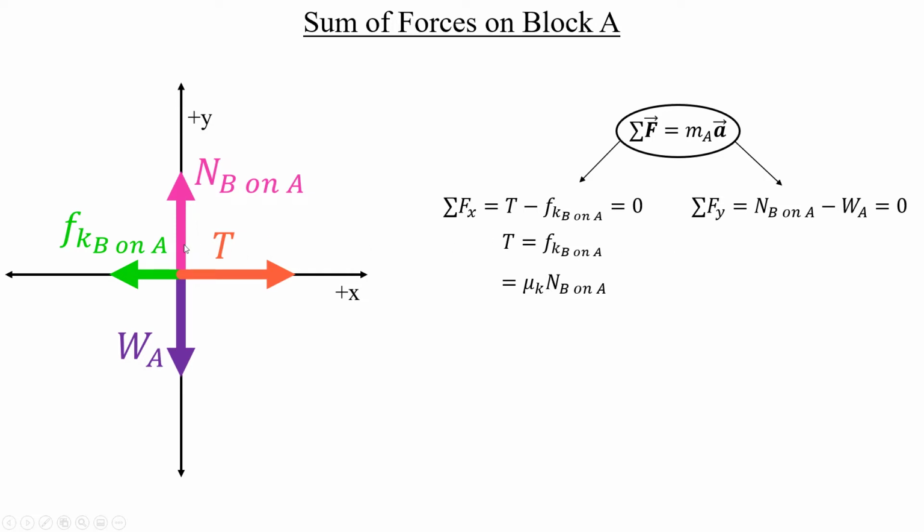You have the normal force pointing in the plus y direction, opposed by the weight of block A. And since there's no acceleration in the y direction, we can take this weight term, bring it over to the other side, and hey, now we know what the normal force of block B acting on block A is. It's just the weight of block A. So let's plug that in over here.